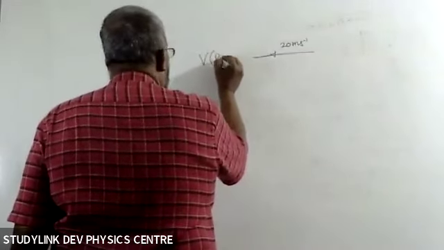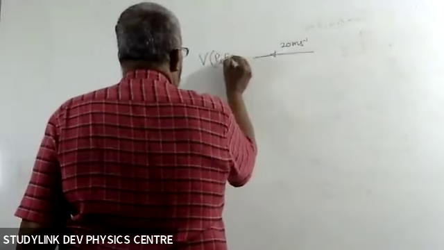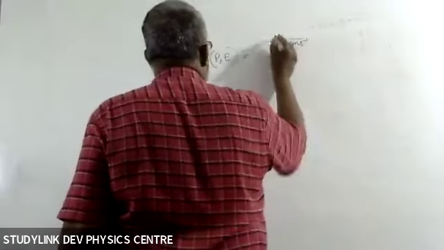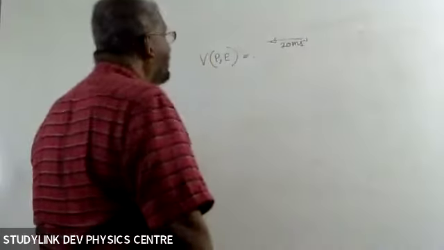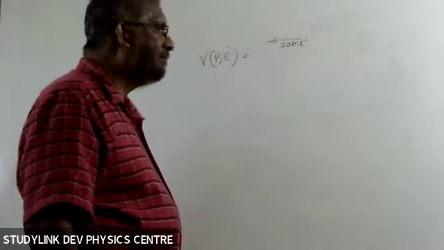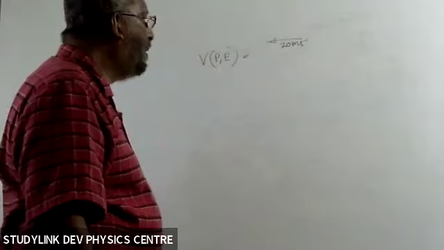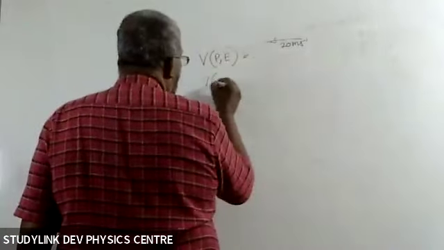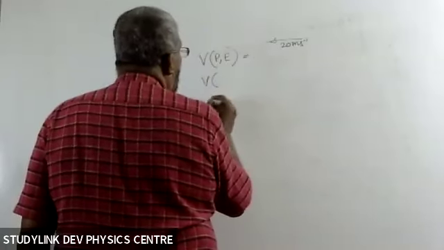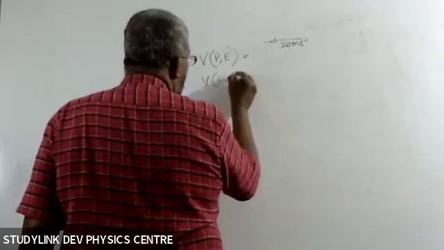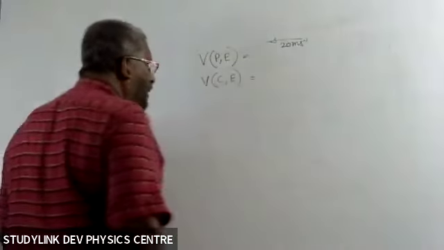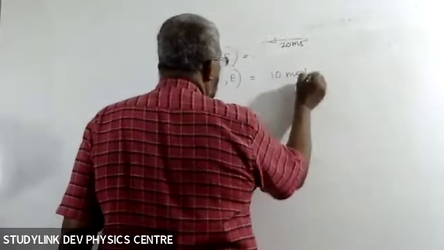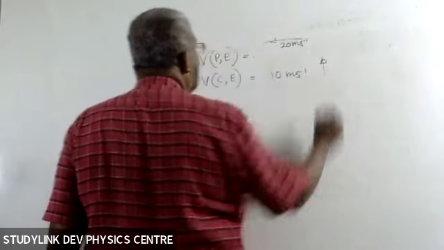Aeroplane, I'll write it as P, plane, relative to the earth, 20 ms minus 1 towards west. A car is moving towards north with a velocity of 10 ms minus 1. That is towards north.